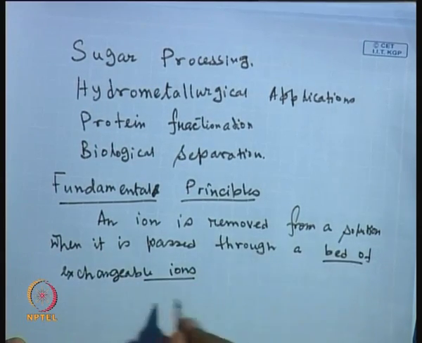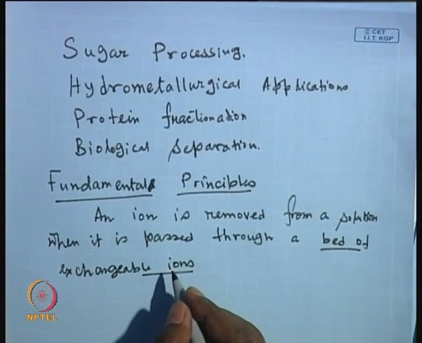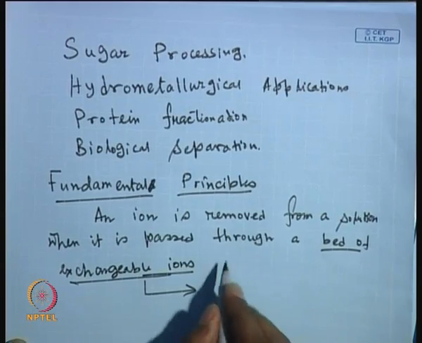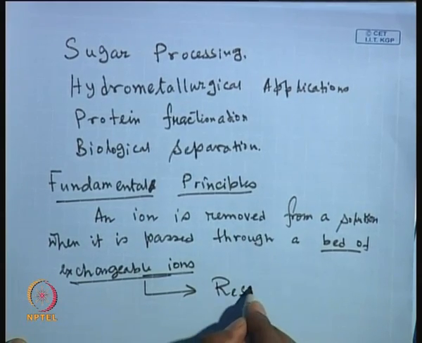The bed of exchangeable ions is called a resin.